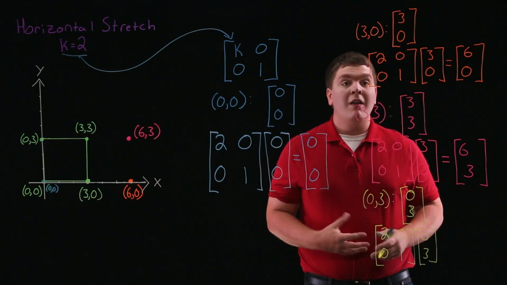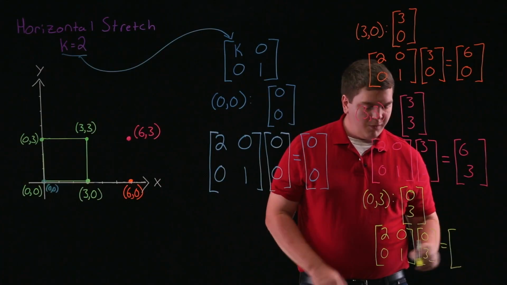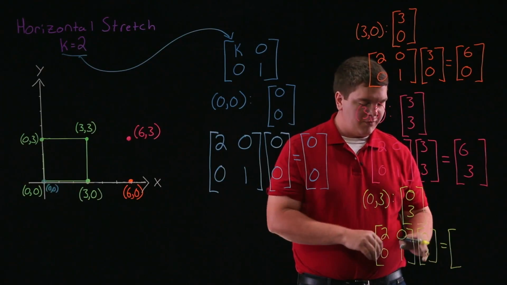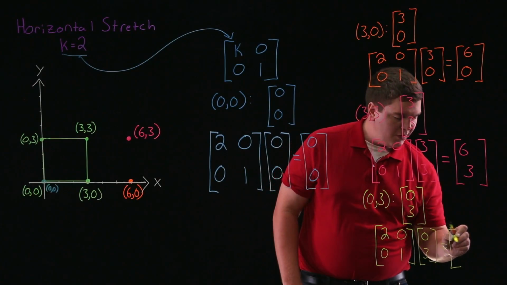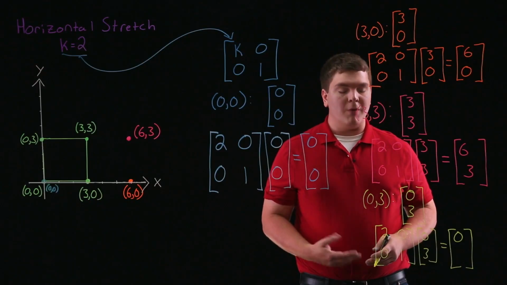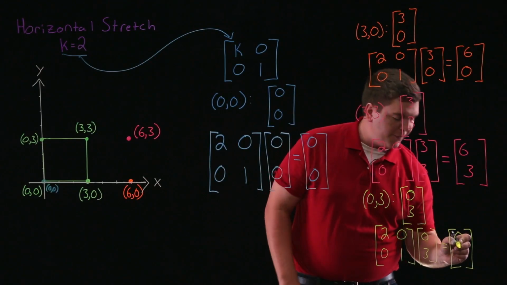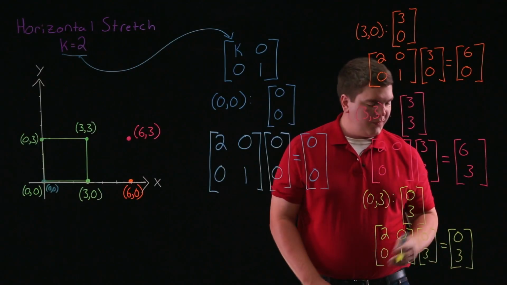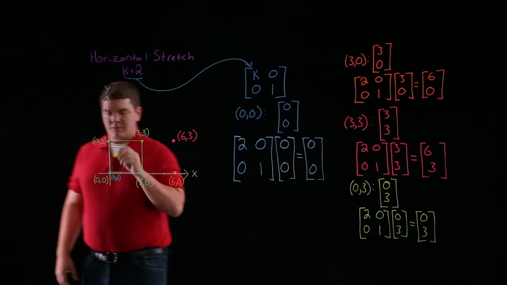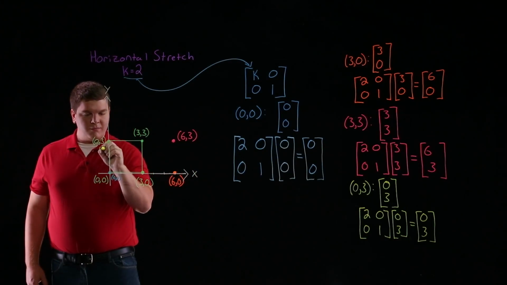In the first row, we'll have 2 times 0, which is 0, plus 0 times 3, which is 0. In the second row, we have 0 times 0 plus 1 times 3, which is 3. So this point is the point 0, 3, so it gets laid right on top of itself.